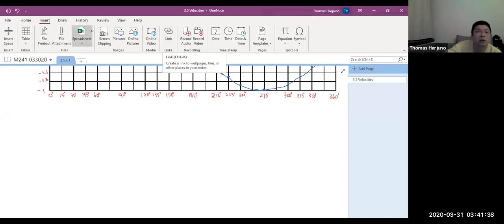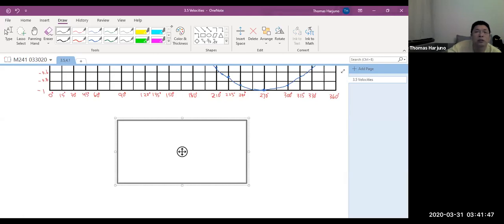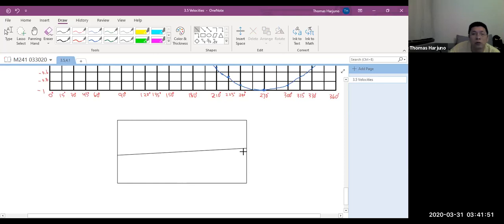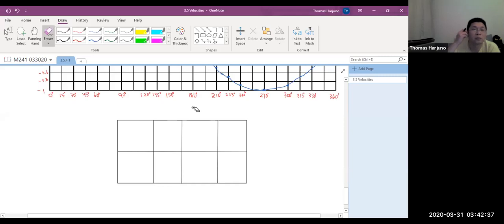Later on, I will ask you to put this sine graph into a 2 by 4 column. I don't like that. Give me a second. It's not right in the middle, that's the thing.